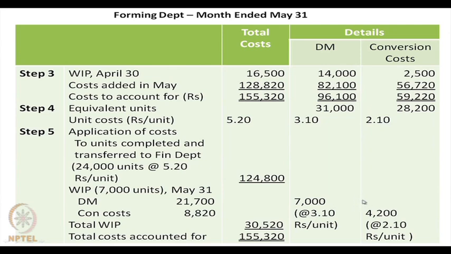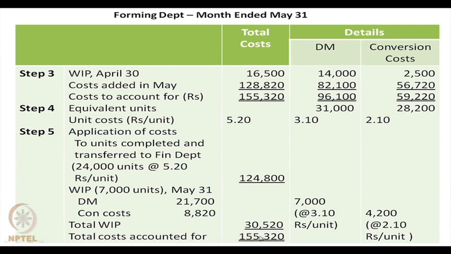So, 7,000 into 0.6 is 4,200 equivalent units, multiplied by 2.10, that gives us 8,820 as the conversion cost of the items remaining as WIP in the forming department.